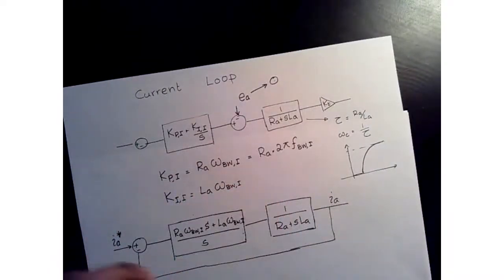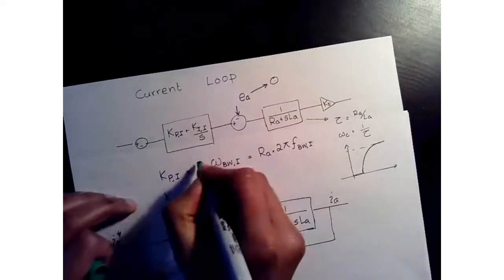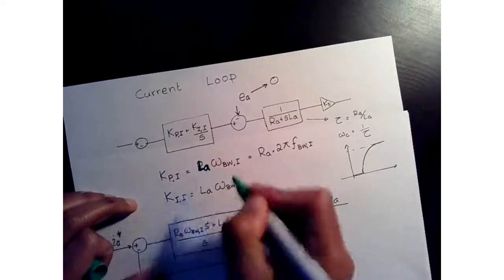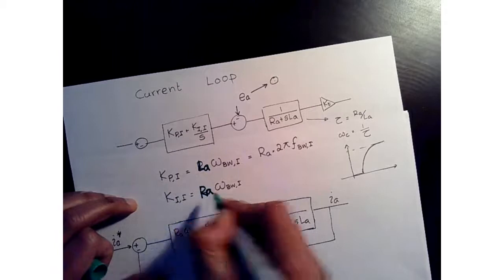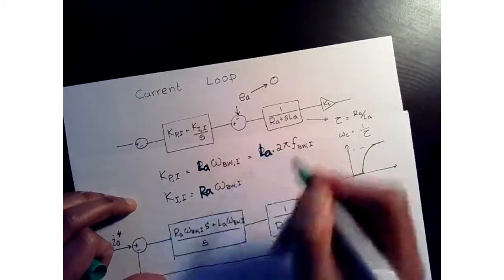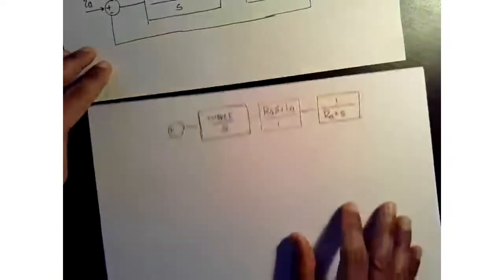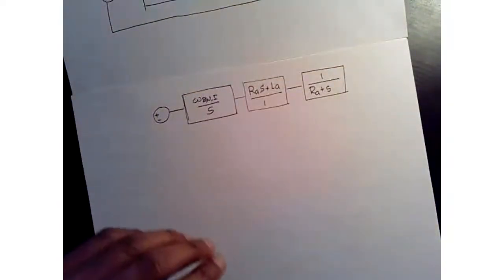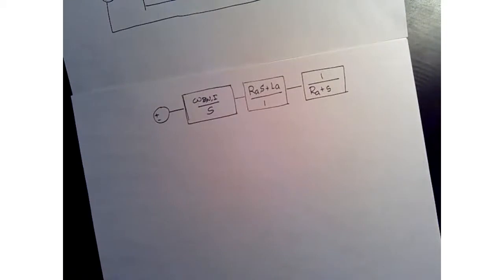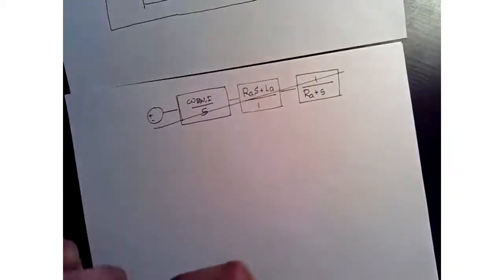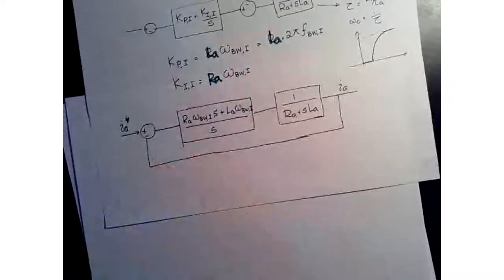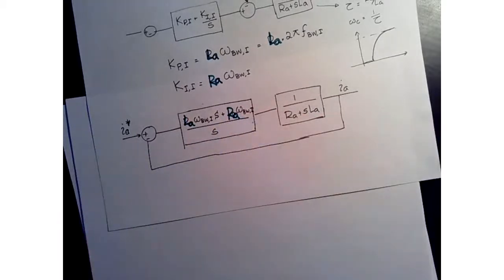Let me correct that. This is going to be LA, and this is RA. Otherwise, it won't cancel out that transfer function. So I'm going to cross this out and update the diagram too. This is LA, this is RA.